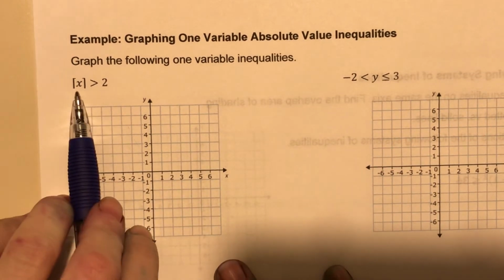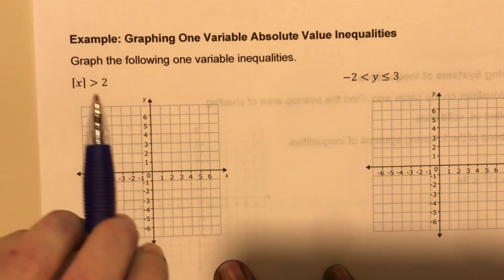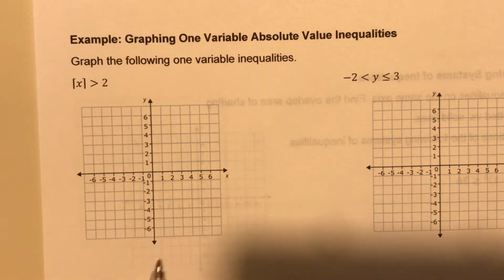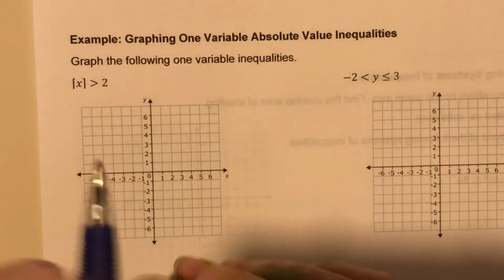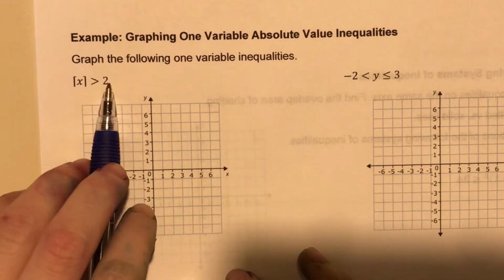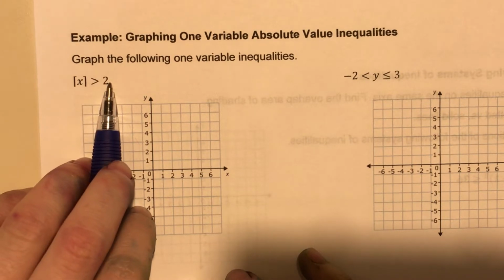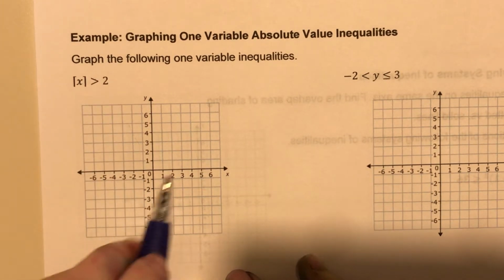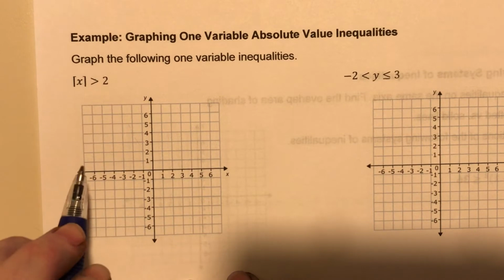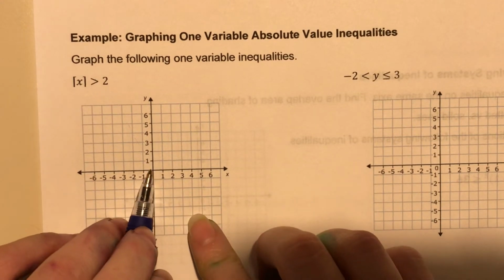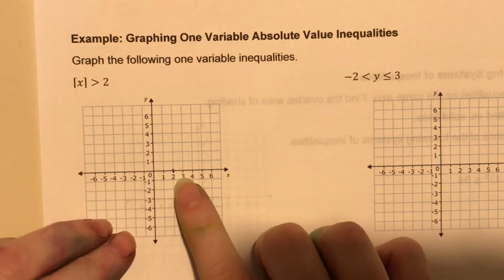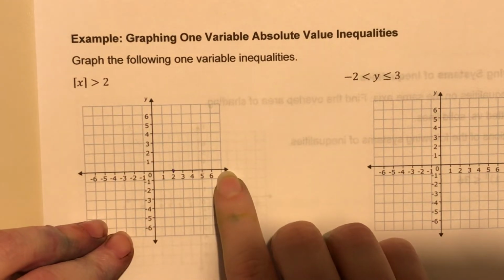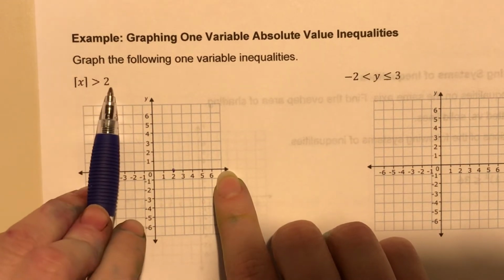We just have to think, okay, the absolute value of x is greater than 2. That means that the distance from the x-axis here is going to be more than 2, okay? The numbers on the x-axis, because we're talking about x's, have to be more than 2 away from 0, which means starting here, all of the numbers to the right are greater than 2 away from 0.